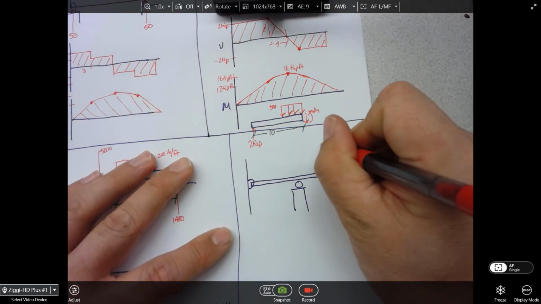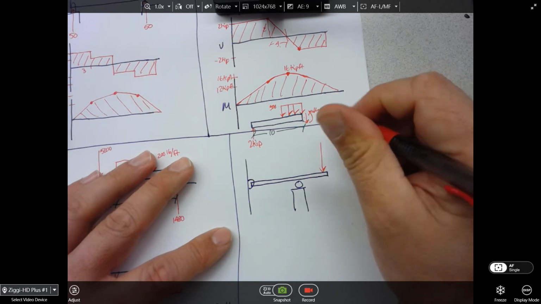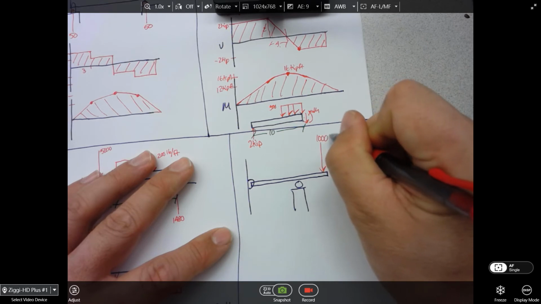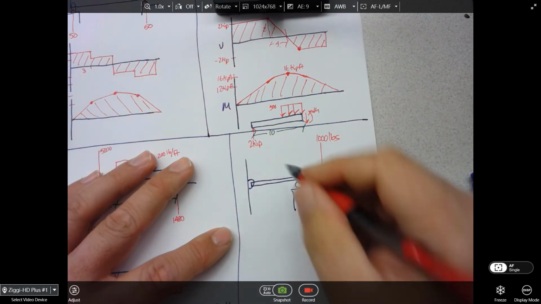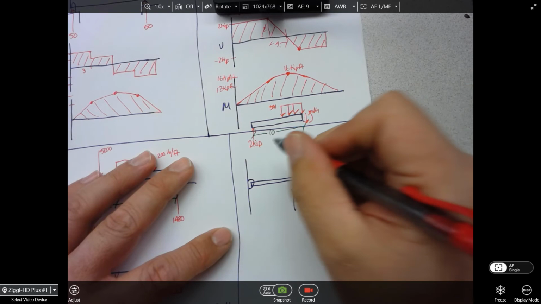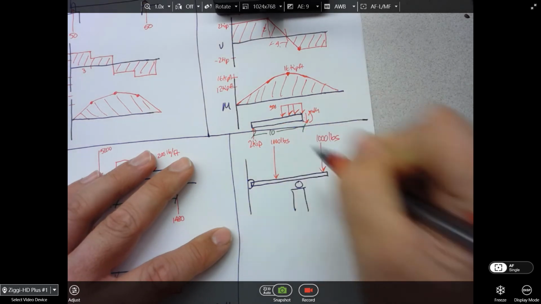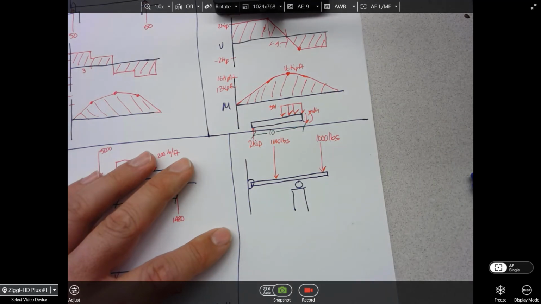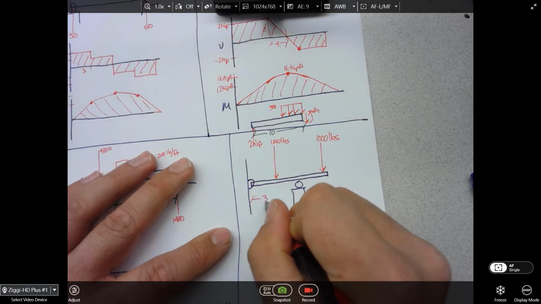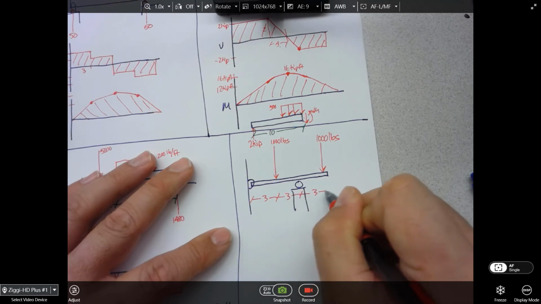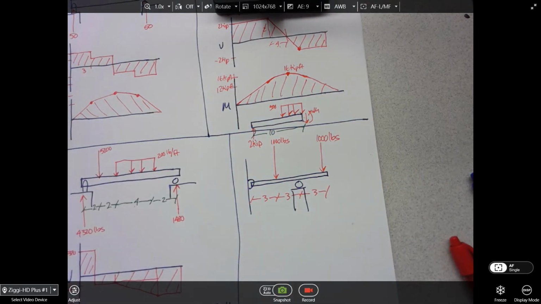And it has 1,000 pounds here and 1,000 pounds here. And 3, 3, 3. Okay.